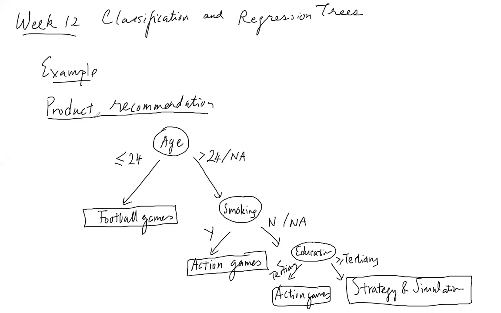So this is a decision tree model, and it's not hard to see why your business development manager, if you do some analysis and come up with this model, would like it. It is quite easy to understand, because it immediately suggests how they should push their products.